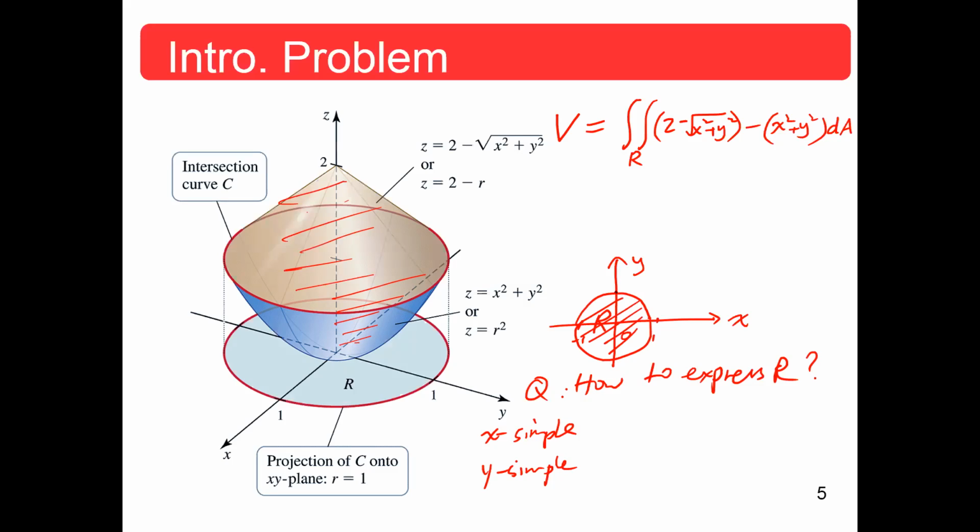It's easy to see that the shape of region R here is a pretty symmetric shape. So whether you do x simple or y simple shouldn't matter that much, due to its symmetry. Let's see how we can do this.